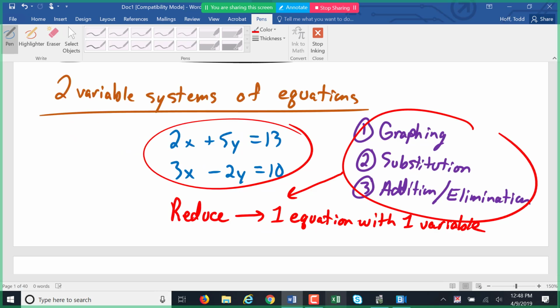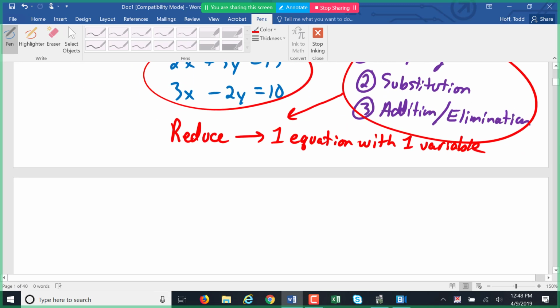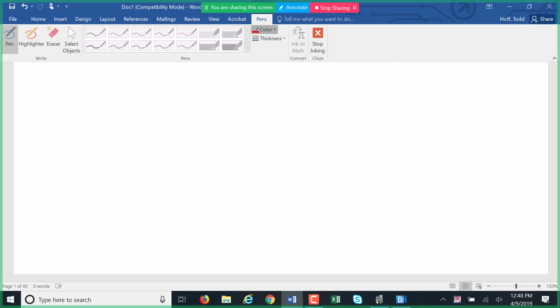Because once it was down to a single equation with a single variable, then we knew how to solve it and get the numerical value of that single variable. Well, now we're going to be looking at 3 equations, 3 variables.